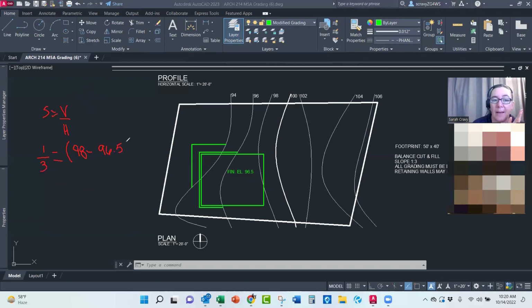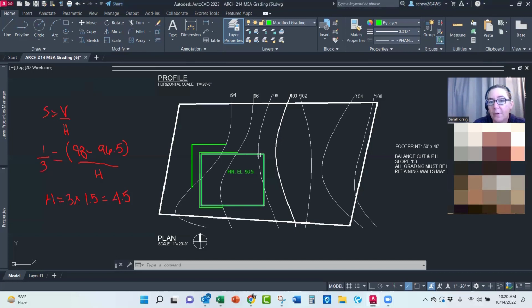Then we have that over H. Cross multiply, you end up with H equals 3 times 1.5. I think that's 4.5. Check my math. Yeah, 4.5.